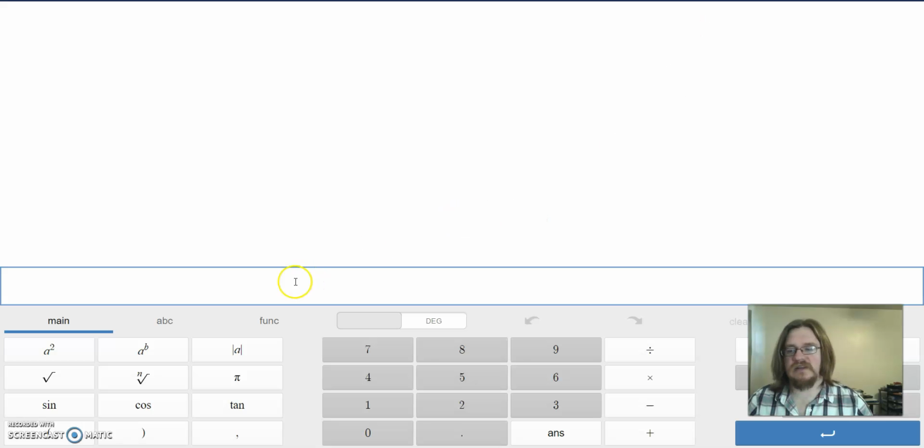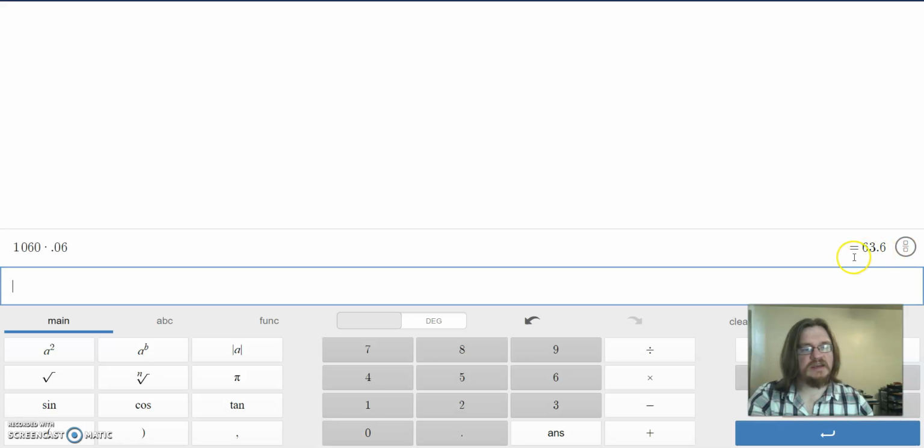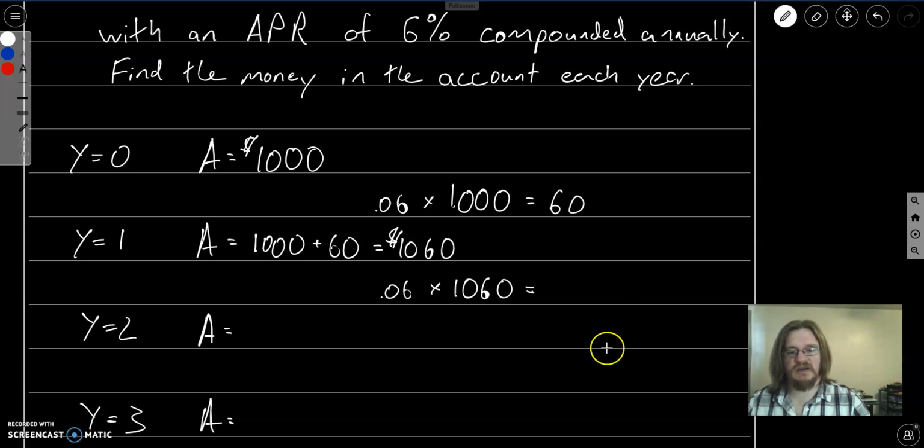So let's go over to Desmos, and we'll take 1,060 times 6%, so 0.06. And we get 63.6. So if we come back, we have 63.6. What you'll notice is that we earned a little bit more interest in this next year because we have a little bit more money in our account.